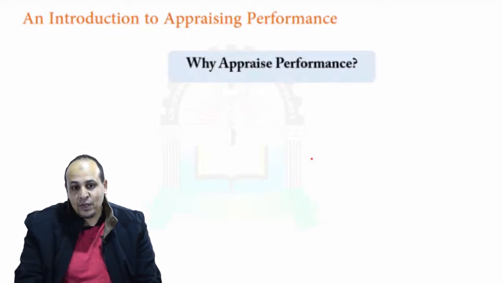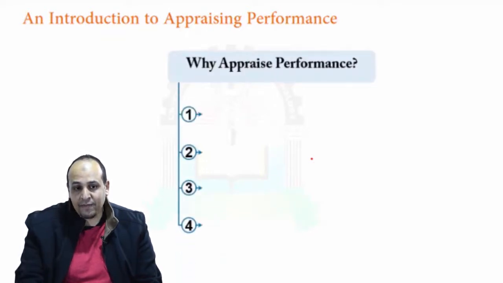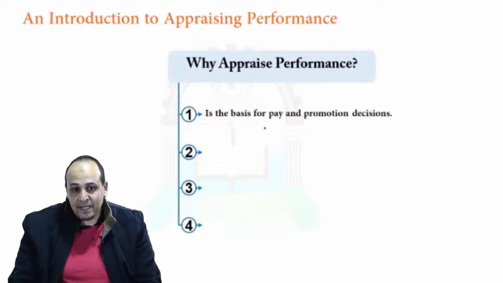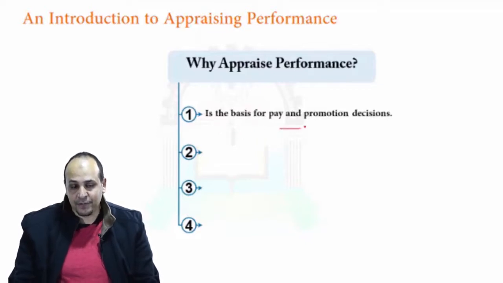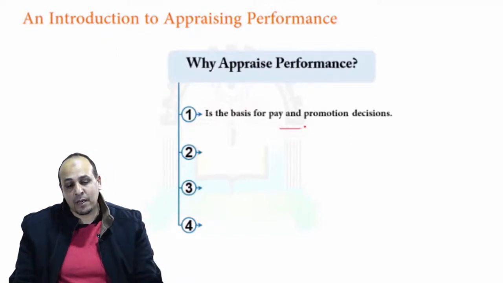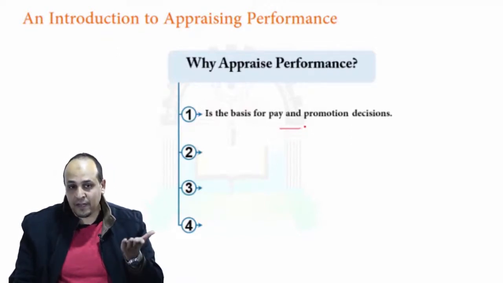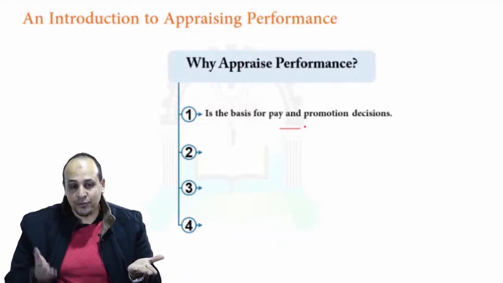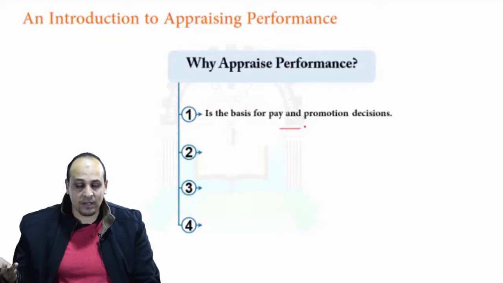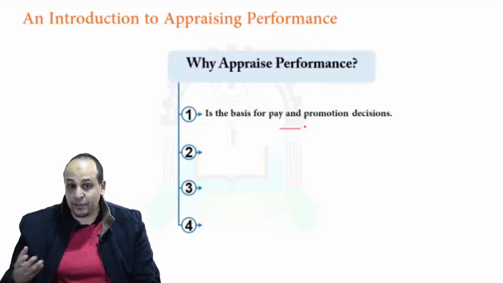Now here, why appraise performance? We have different issues. It is the basis for pay and promotion decisions. Now, we said before that we have 3 stages when we talk about performance. We have to define the standards, perform the appraisal, and then we have the outcome here. The outcome is something that the employee himself can be interested in.